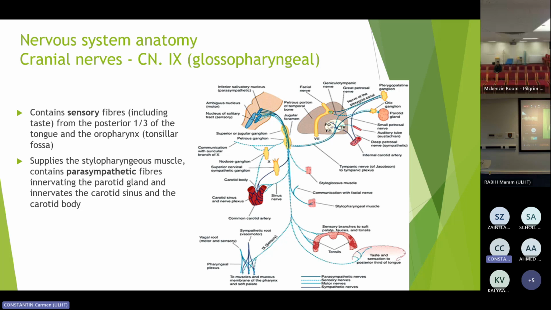We see a lot of palsy of this cranial nerve, especially after carotid surgery, because by being so close to the carotid body and carotid sinus, it could be affected. So we could have a palsy of the ninth cranial nerve.